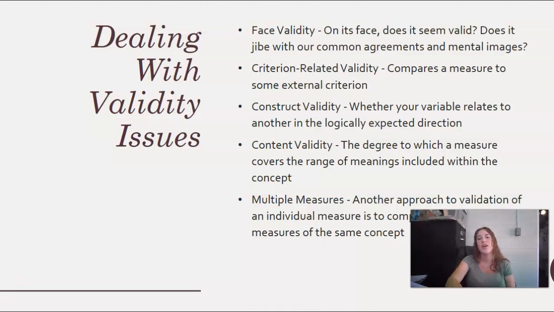When it comes to criterion-related validity, this is comparing a measure to some external criterion. So a lot of times in our research, we will validate our measures of a topic or a concept by showing that it predicts scores on another measure that is generally accepted as valid.